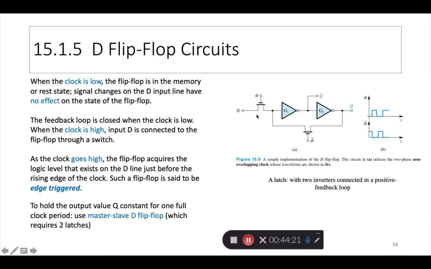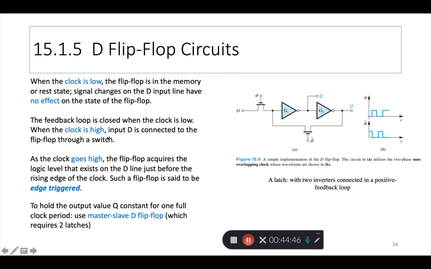Here's another pass transistor logic gate. And you have the clock pulses. So when the clock is low, the flip-flop is in the memory or rest state. Signal changes on the D input line have no effect on the state of the flip-flop when the clock is low. The feedback loop is closed through here when the clock is low.